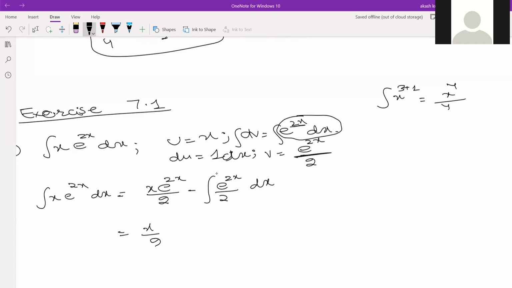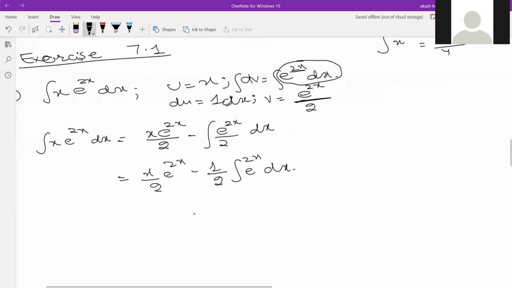So x by 2, e raised to the power 2x, taking the constant out, which is half, it becomes e raised to the power 2x dx. And then it becomes x by 2 e raised to the power 2x minus half.